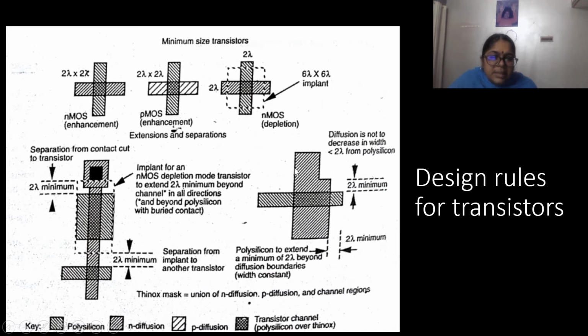Similarly here, N diffusion and polysilicon cut each other and a transistor has been formed, but you can see there is a variation in the size of the N diffusion.